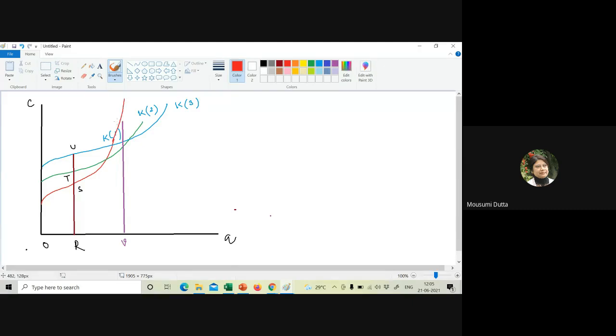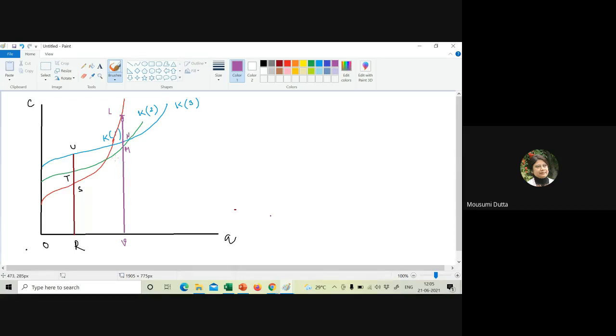To produce OV with plant 1, I'm facing the cost up to this much. So suppose it is L. Suppose this is M. And suppose this is N.